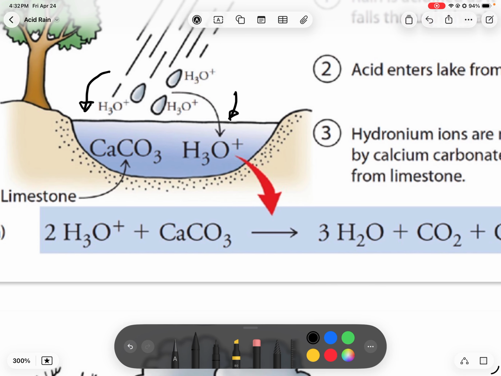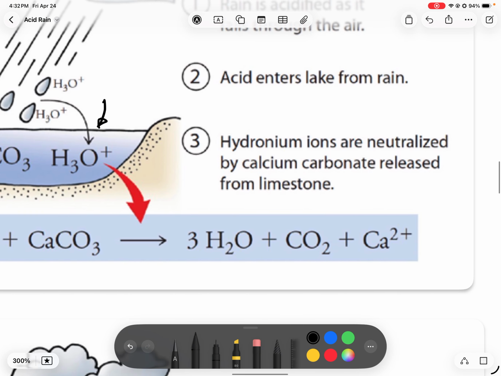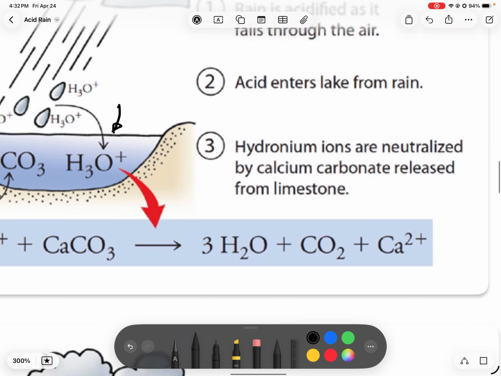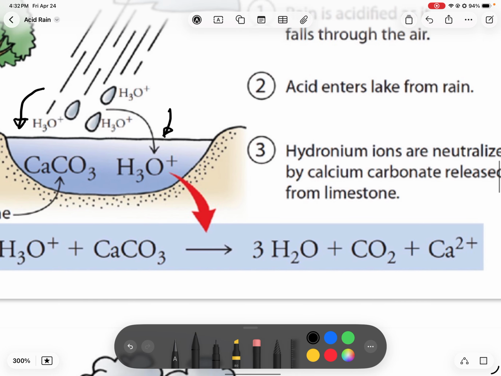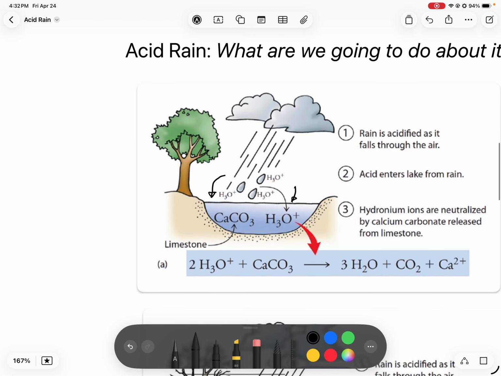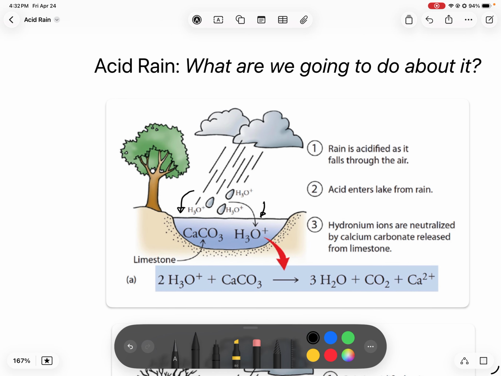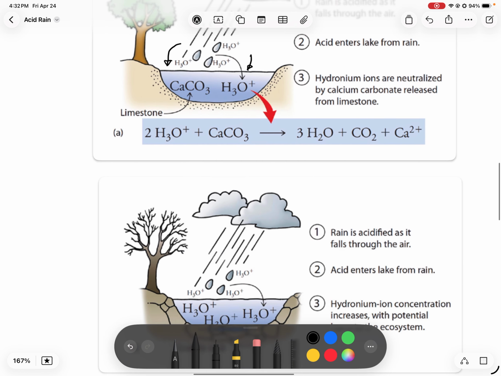We've got the hydronium, which comes together with the limestone, and it breaks it down and neutralizes it. We only have water, carbon dioxide, and some positive calcium ions. We completely eliminate the acid due to the limestone, which helps to clear it out.